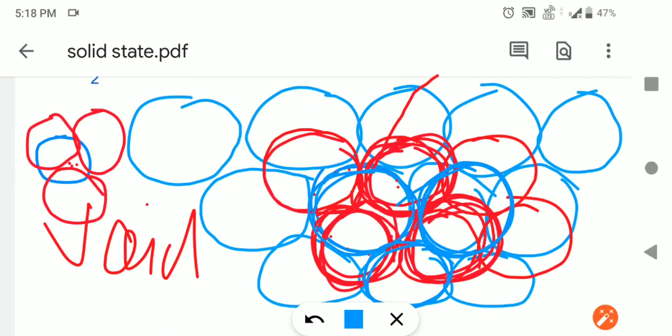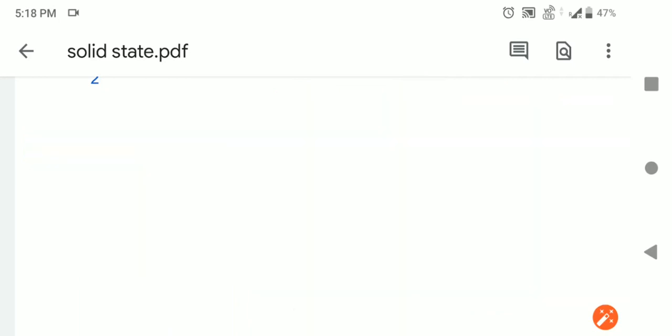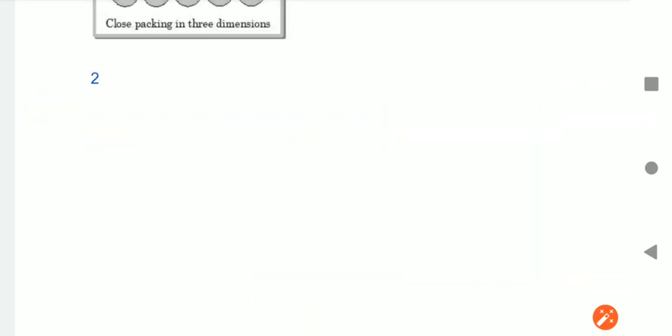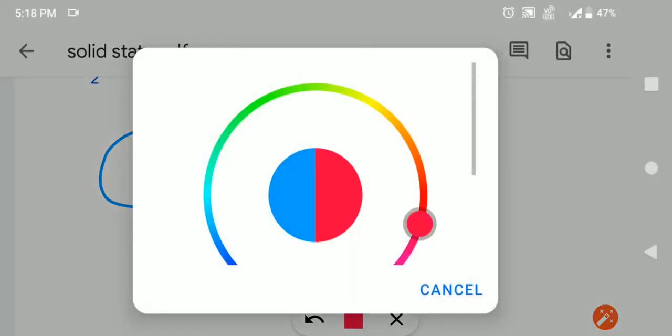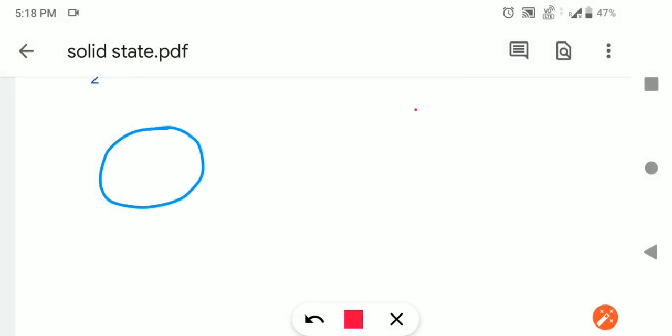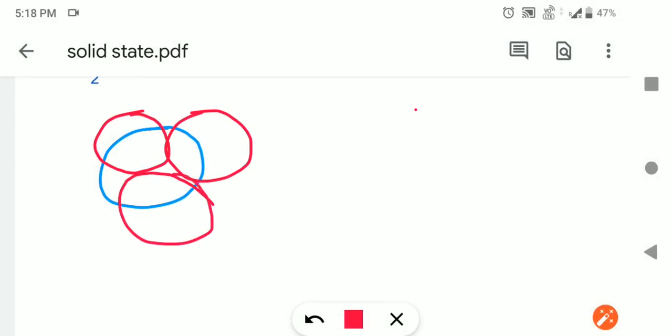So what did you observe? I am again drawing separately. You observed one sphere in the center when you are arranging the spheres in 3 dimensions, and 3 spheres, first, second and third, you got a void.